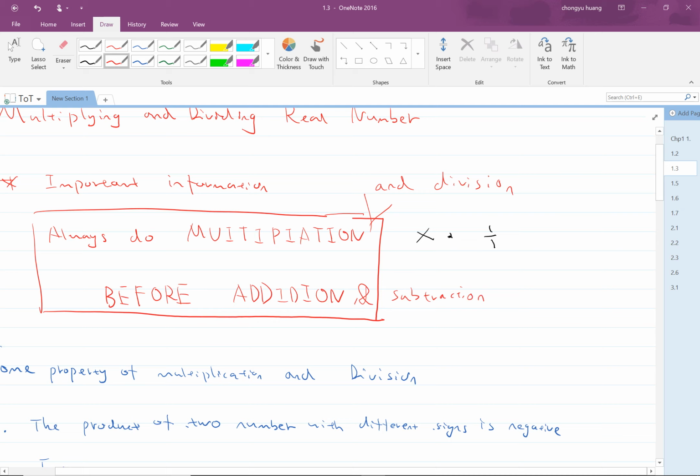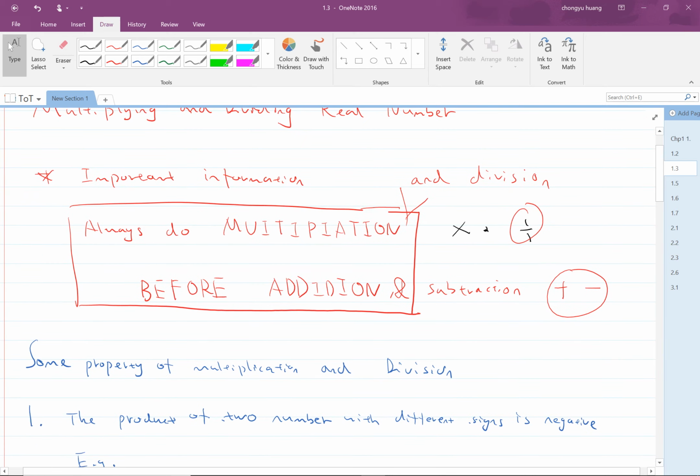Addition is just plus, and subtraction is minus. So you always do multiplication and division before addition and subtraction.